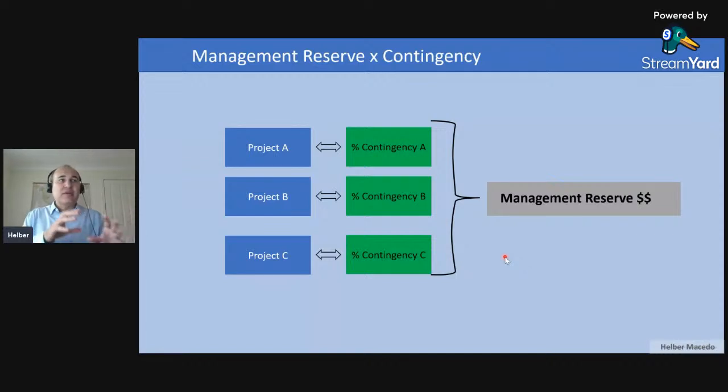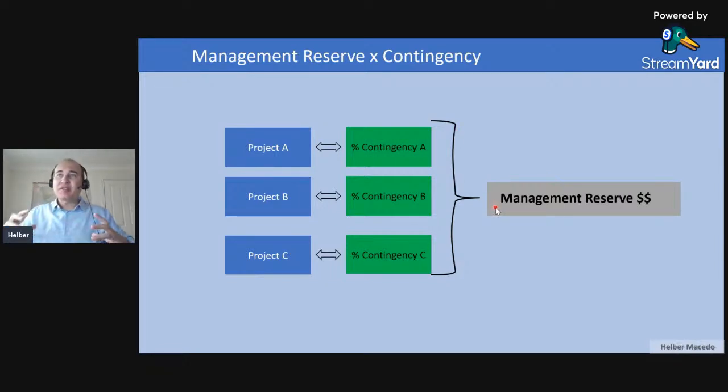Pretend that we have three projects, project A, B, and C, and each project has a contingency. For project A, I calculate my contingency using the methodology that I shared before, the same way for project B and project C. Then I calculate a management reserve.